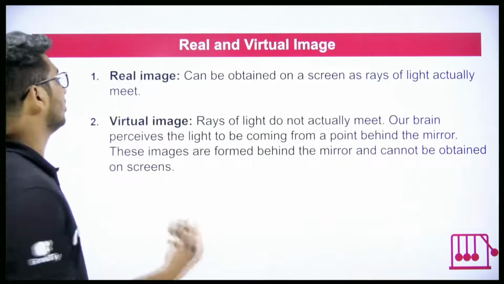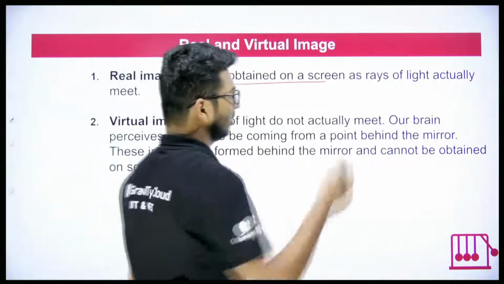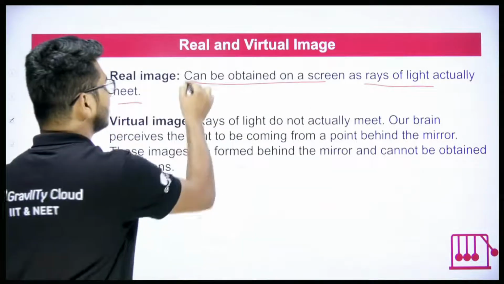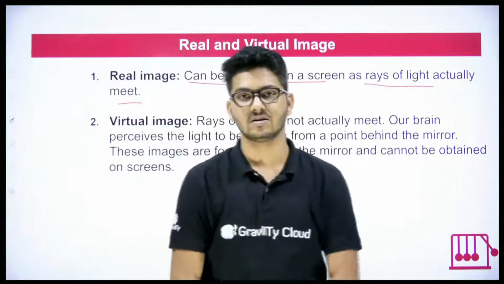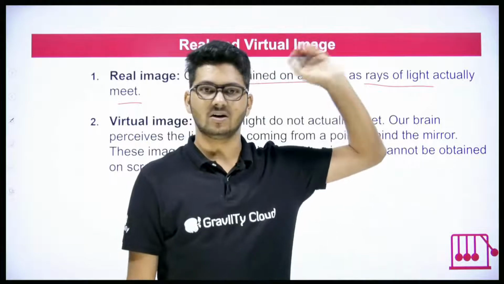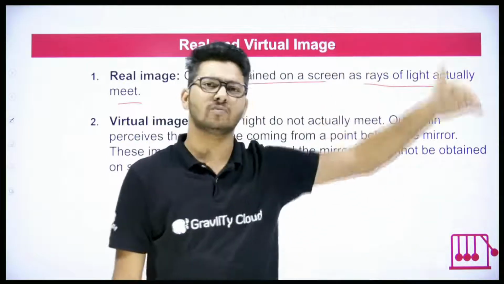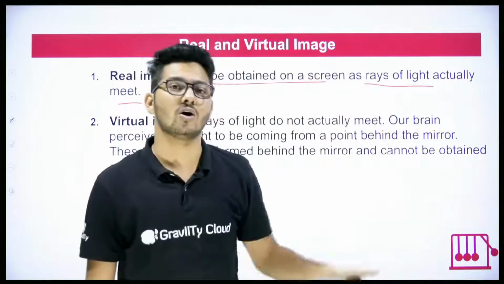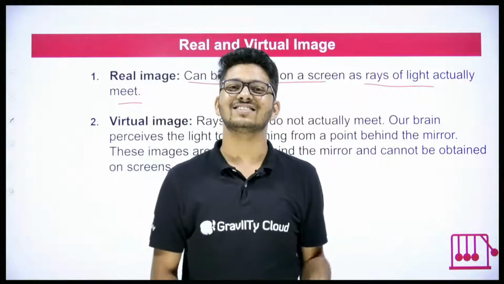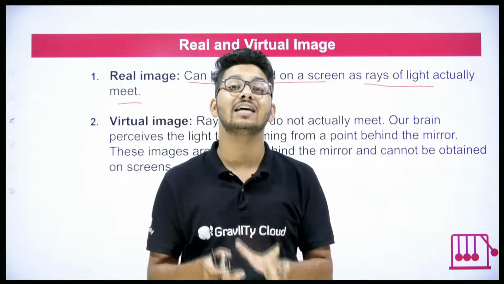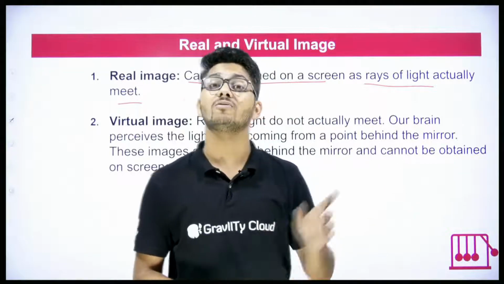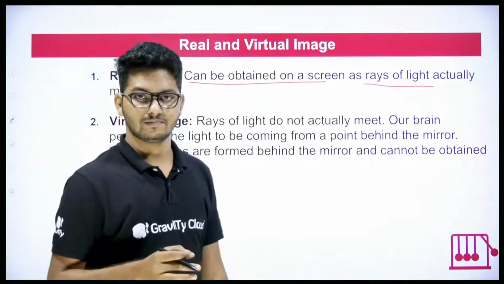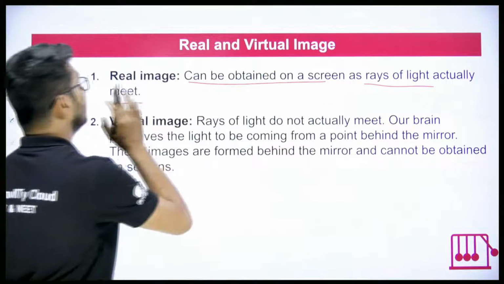If you talk about a real image, it can be obtained on a screen as rays of light actually meet. The best example is a projector screen. If you use a projector on the wall or a white cloth, you can project onto it. That white cloth or wall is a screen, and on the screen, real images can be obtained, because rays of light actually meet.